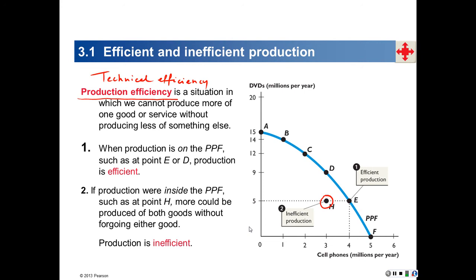Now let's go from point H to, let's say, point E. If we go from point H to point E, what is happening? We are now producing more cell phones, but in order to produce more cell phones, are we having to give up some DVDs when we go from H to E? No, because it's a horizontal move, isn't it?